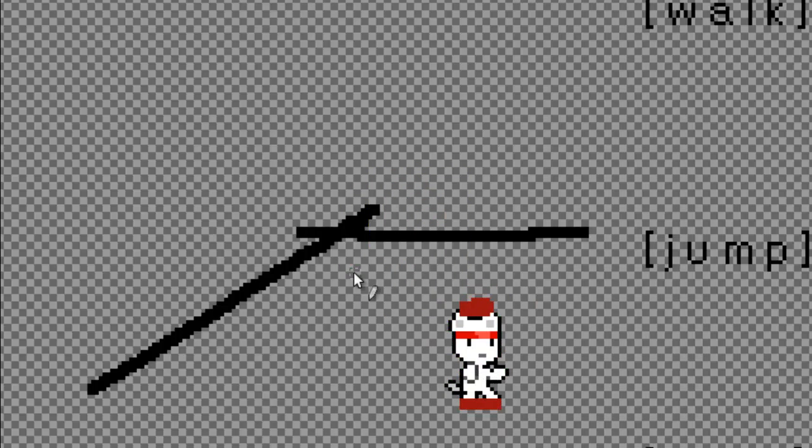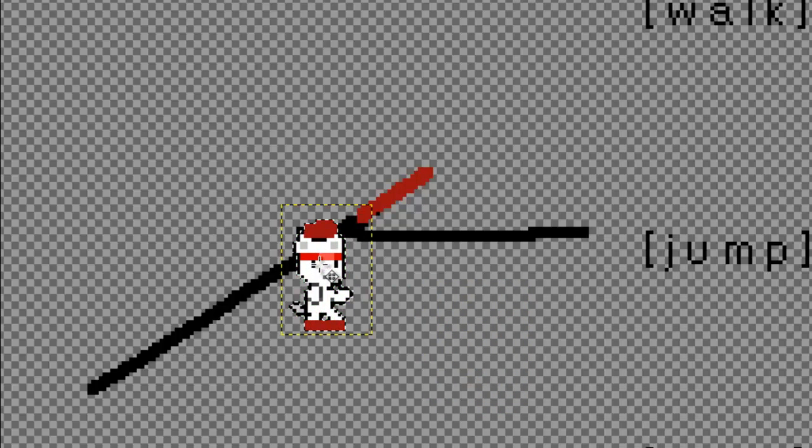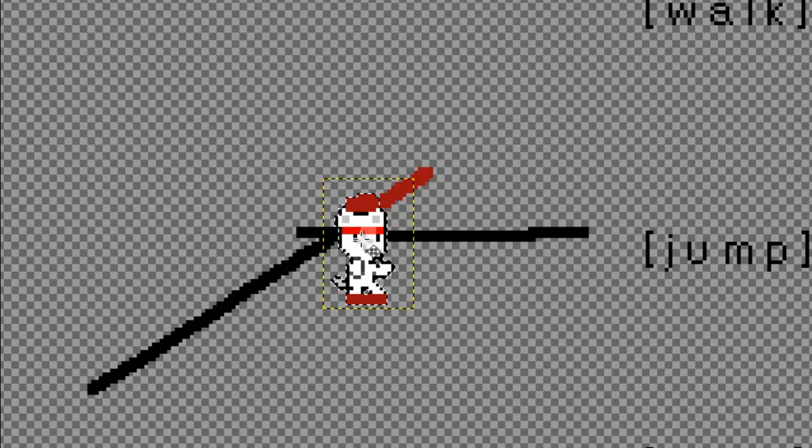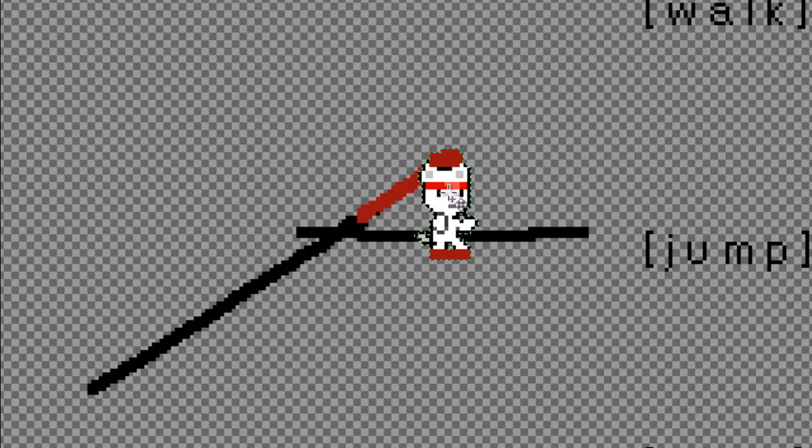Sorry, let me just extend this a little bit. Are we still on a slope? Yes. But if our dx is large enough, the next time we check if we're on a slope, we add in our dx and go over here.